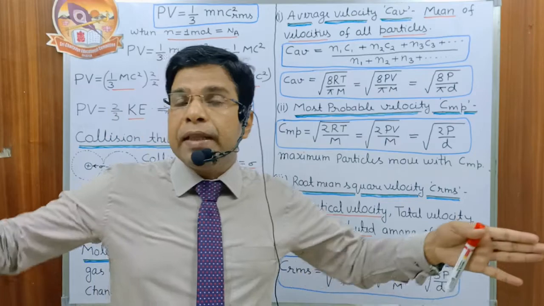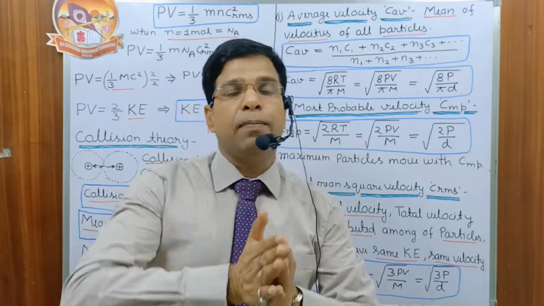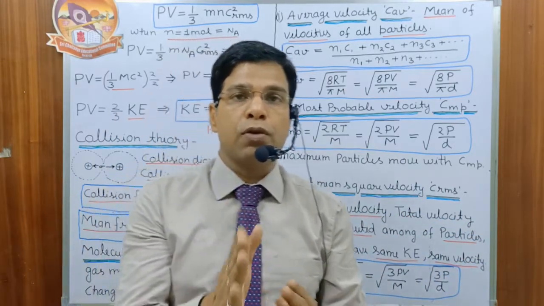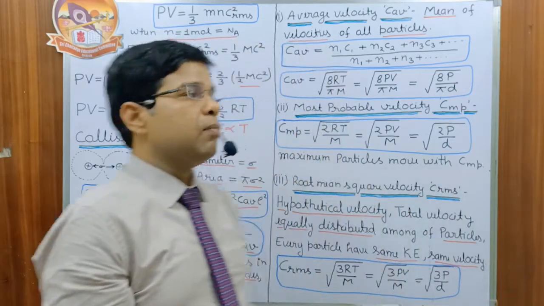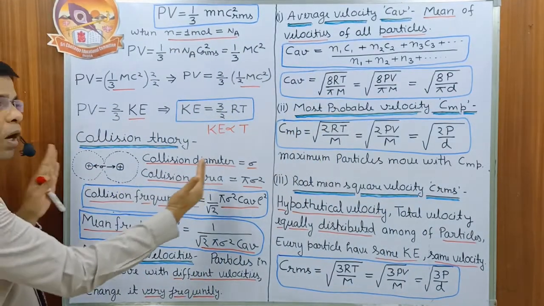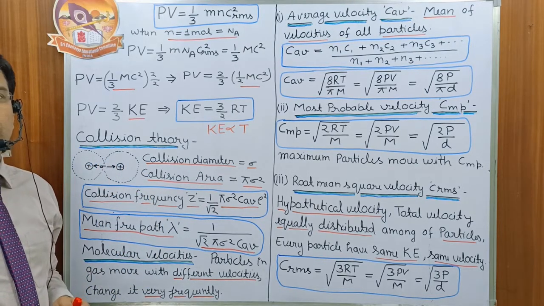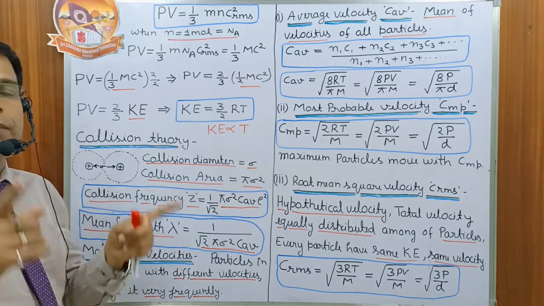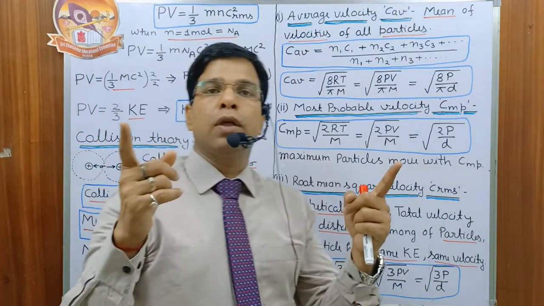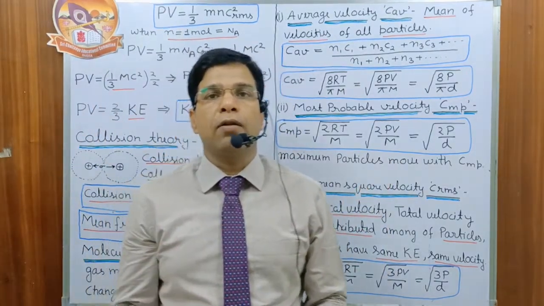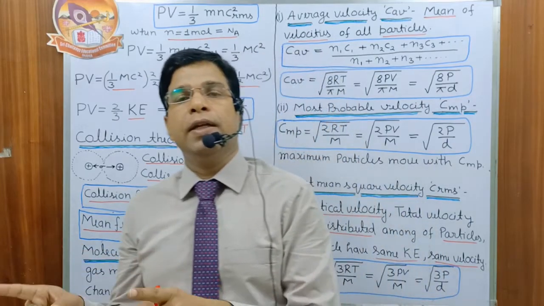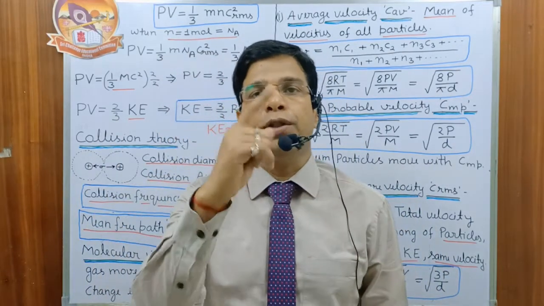So when they are at their nearest approach, that is called the collision. When the two molecules A and B are nearest to each other, the distance between the nuclei of the two particles of the gas in their nearest approach means collision.